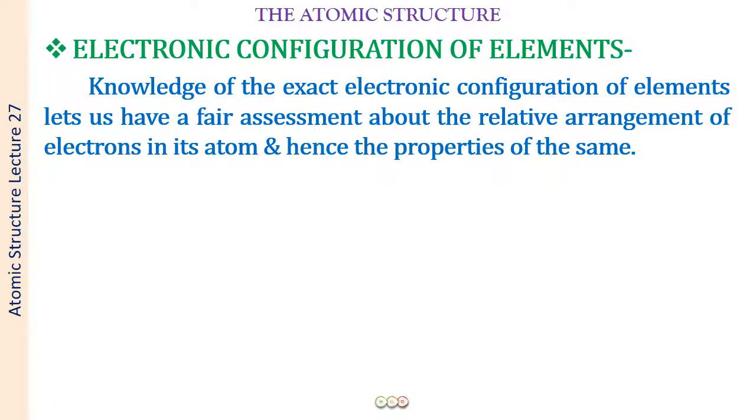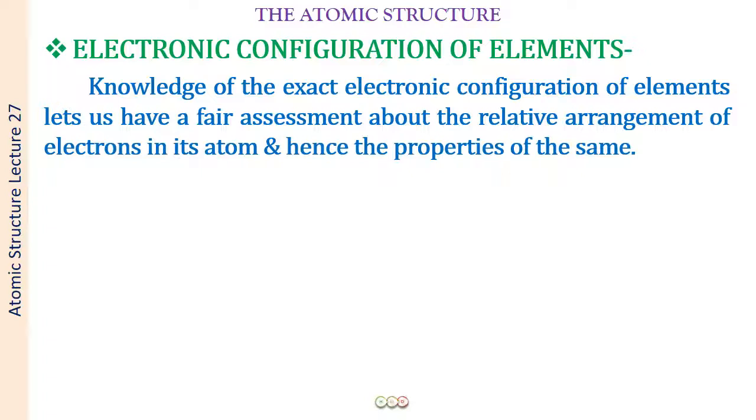Why do we need to write the electronic configuration? When we know the exact electronic configuration of an element, this gives us an assessment of the relative arrangement of the electrons in an atom, and this is going to help in predicting the properties of these elements.